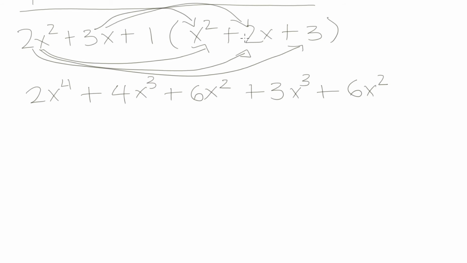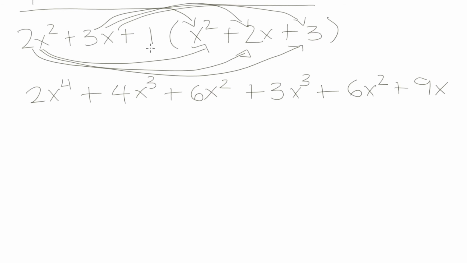Again, because we have 3 times 2, which is 6, and x times x, which is x squared. Now we have 3x times 3, which is 9, and our x from this x over here.